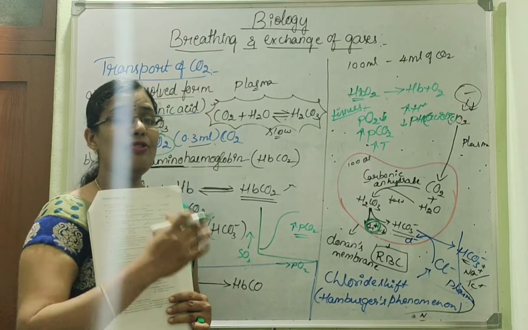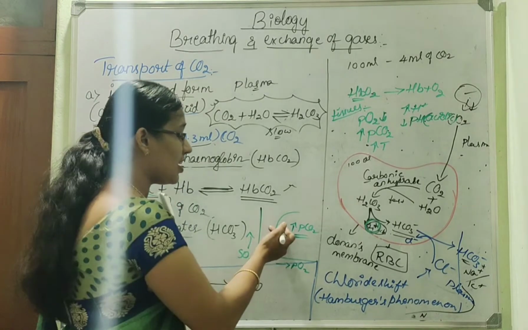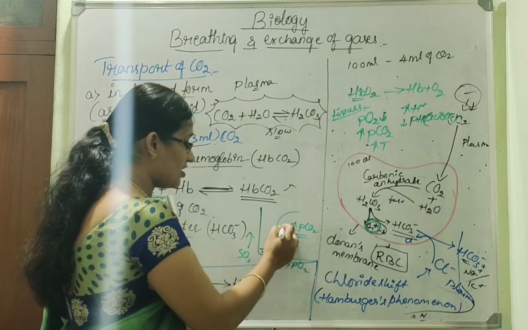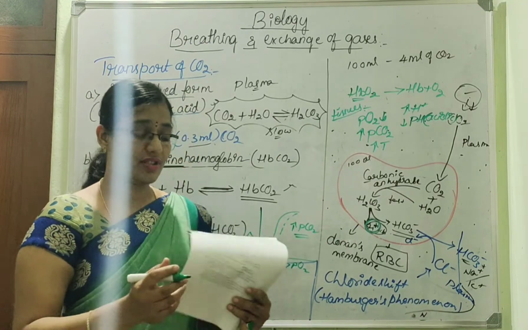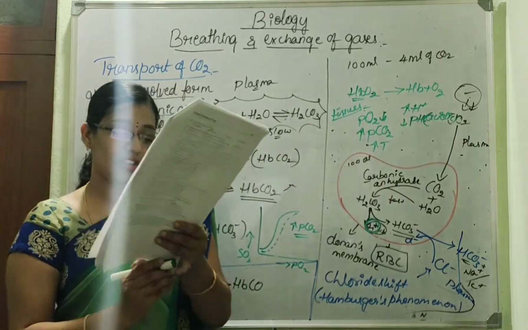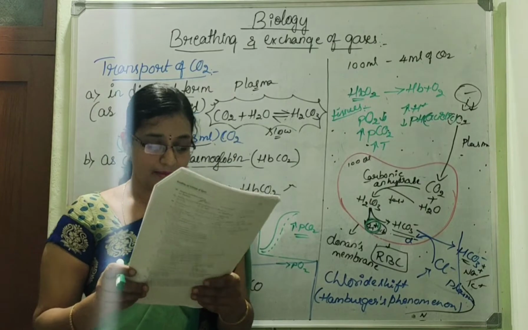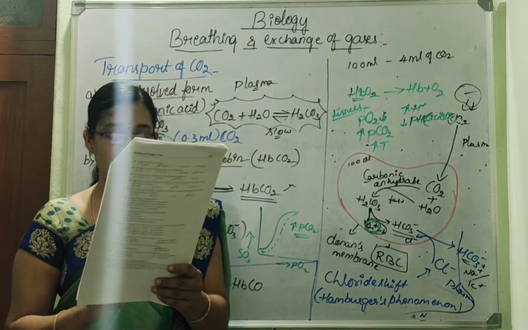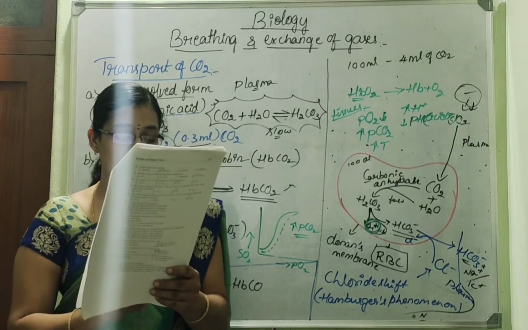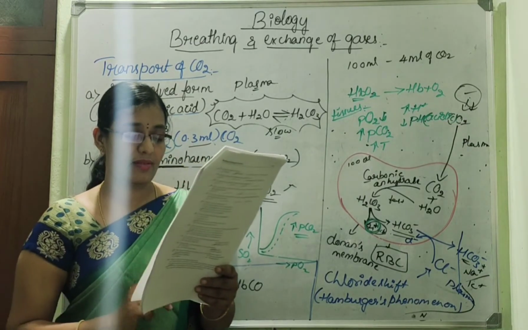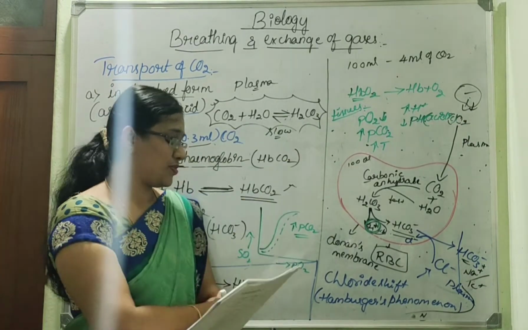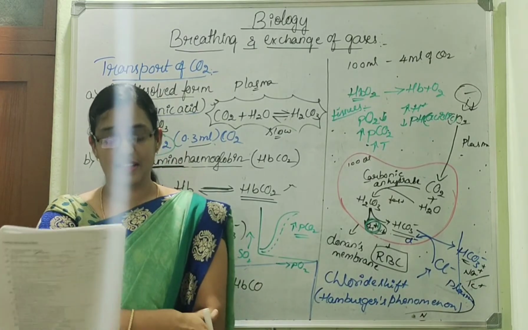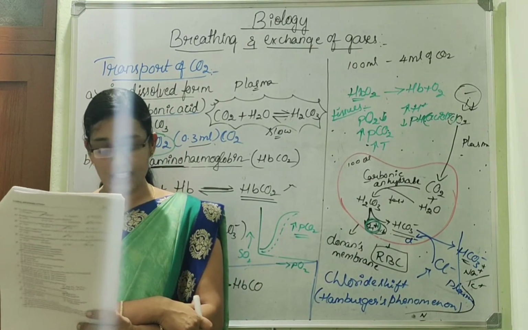So when PCO2 increases, what happens to the curve? It shifts towards the right side. Option A, shift towards right; B, shift towards left; C, become irregular; D, remains unchanged. So which is the right option? Shift towards right, and it is due to Bohr's effect, option A.